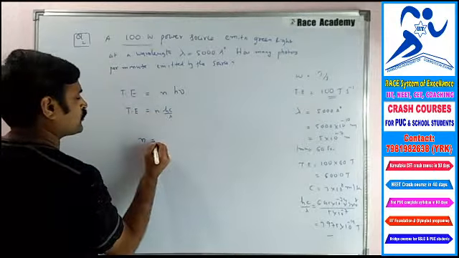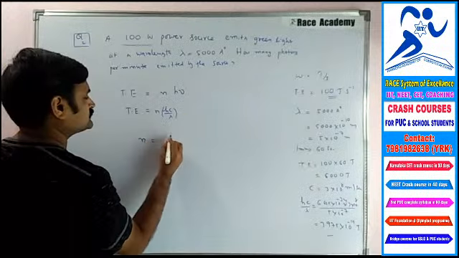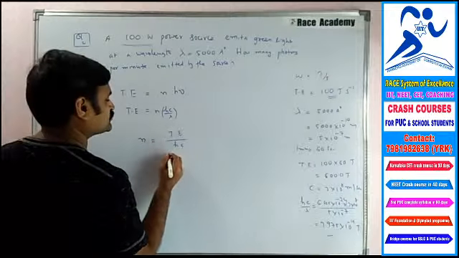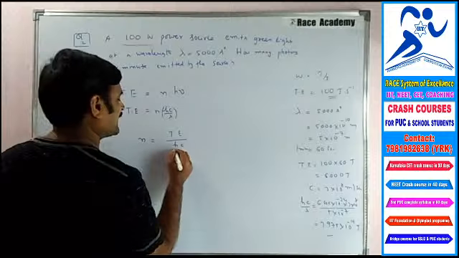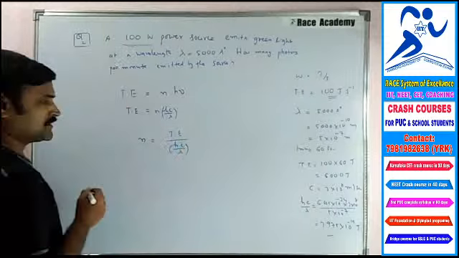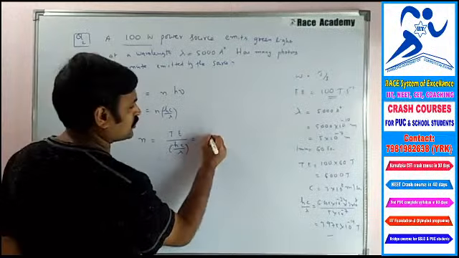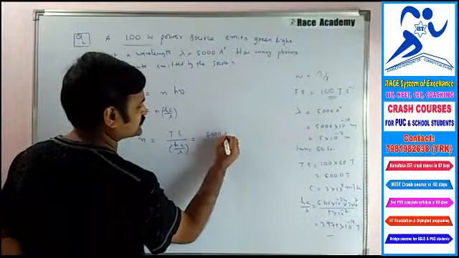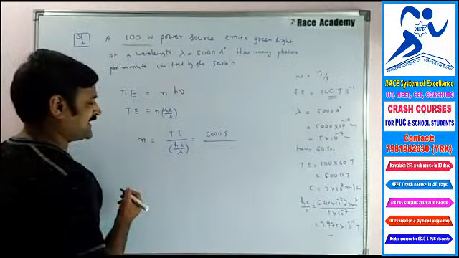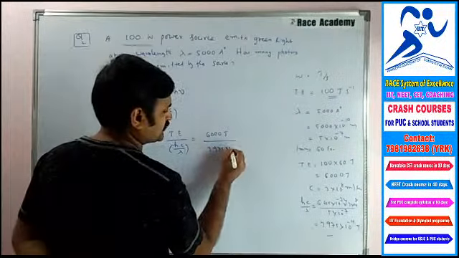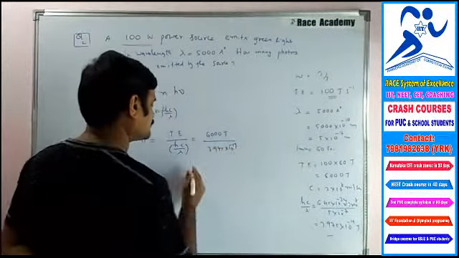N is the number of photons, which is equal to total energy divided by hc by lambda. We have the total energy value. The total energy value we got is 6000 joules divided by 3.975 into 10 to the power of minus 19 joules.